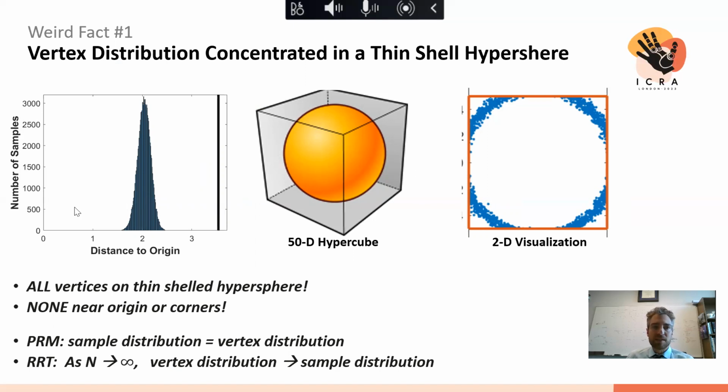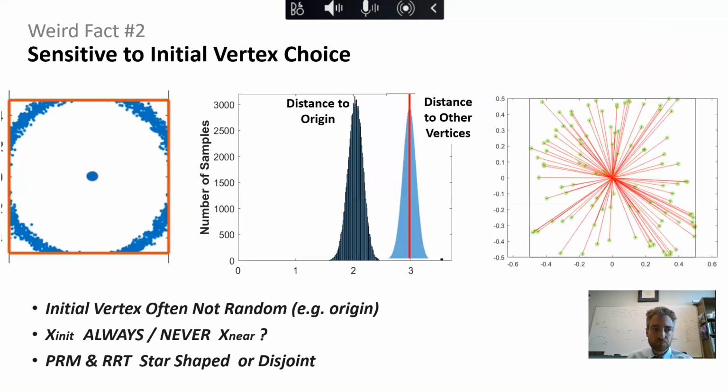Meaning that there's basically 0 probability of generating any samples near the origin, and there's 0 probability of generating any samples in the corner of the workspace, which might be important areas that you want to explore for your application. If we could visualize it in 2D, the samples would look something like this on the right. And that's important because we all know that the vertex distribution will approach the sampling distribution in the limit.